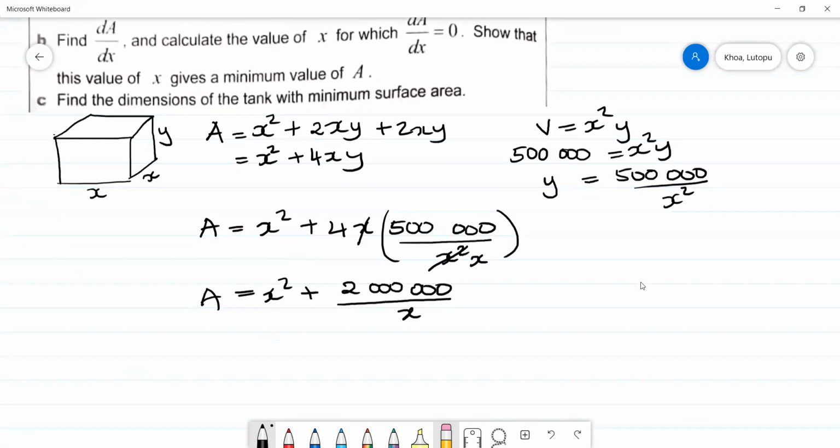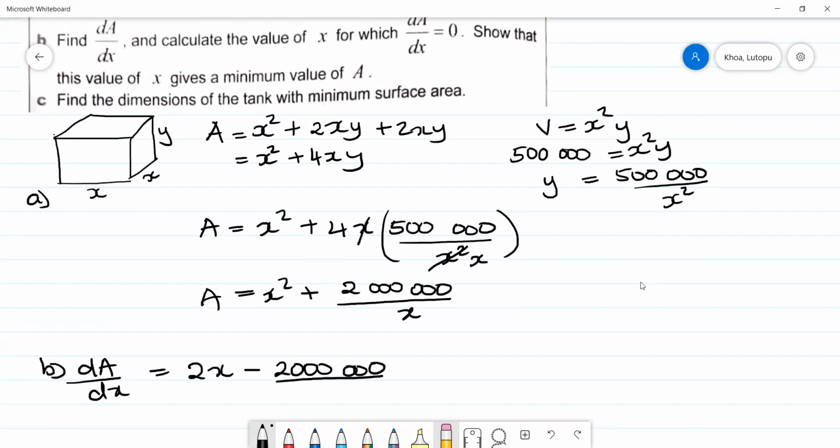Now we have to find dA/dx. So this was A. B, we have dA/dx. So we just differentiate. This is 2x. And here, remember, you can write it as x to the power of -1. So you have negative 2 million over x squared.